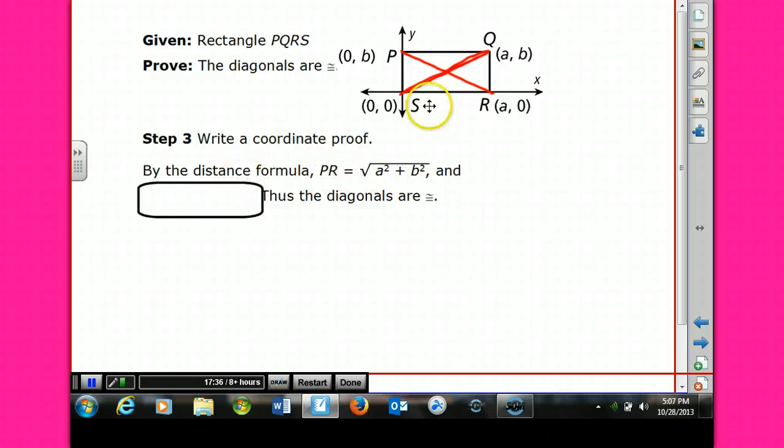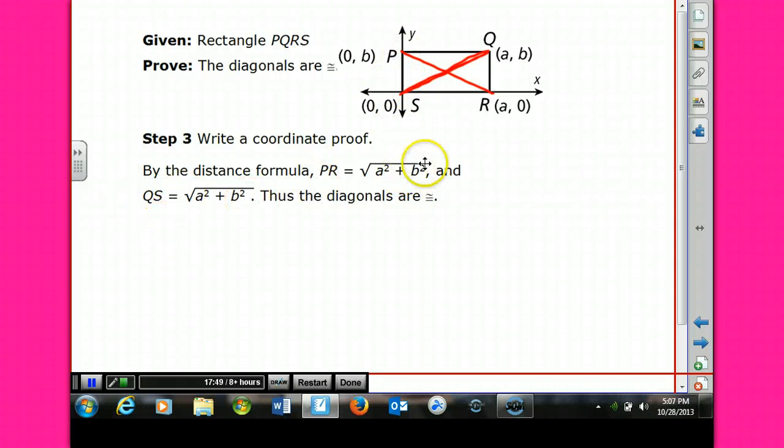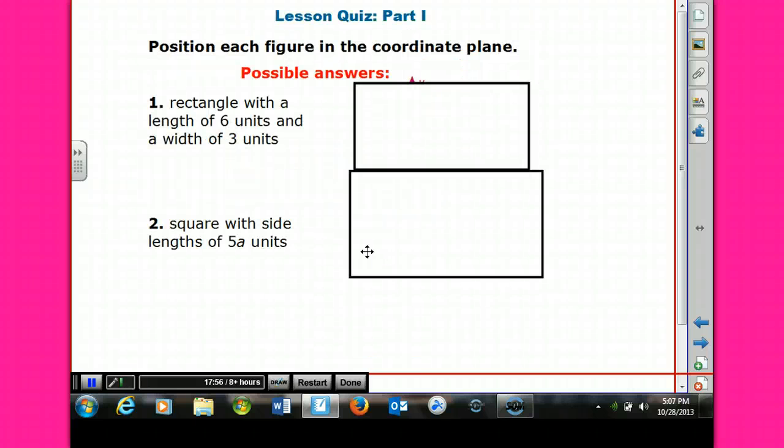And the same is true for PR. We have B squared plus A squared equals C squared, or the square root of A squared plus B squared. And so they both have the same measure, and thus they are congruent.